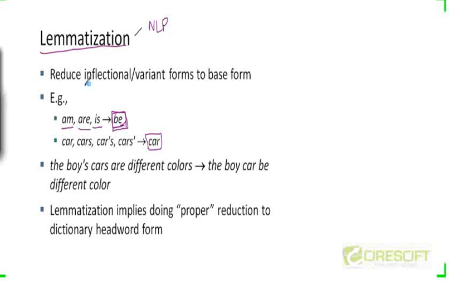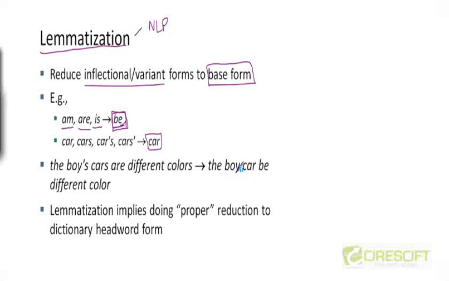So lemmatization reduces the various derived or variant forms to the base form, and it creates this equivalence class of all the variant forms. So if the document had this particular sentence, the boys' cars are different colors. After lemmatization, the tokens would be, assuming that each of these words is a separate token, the boy.